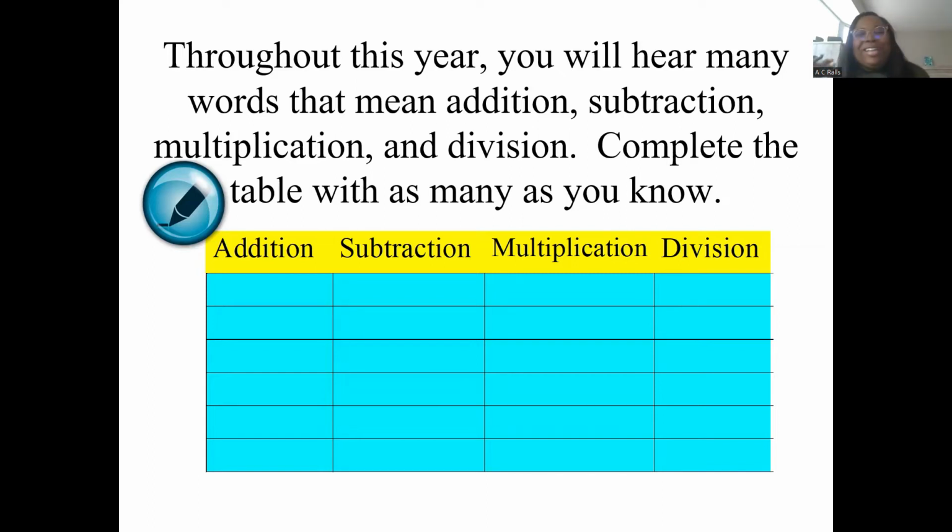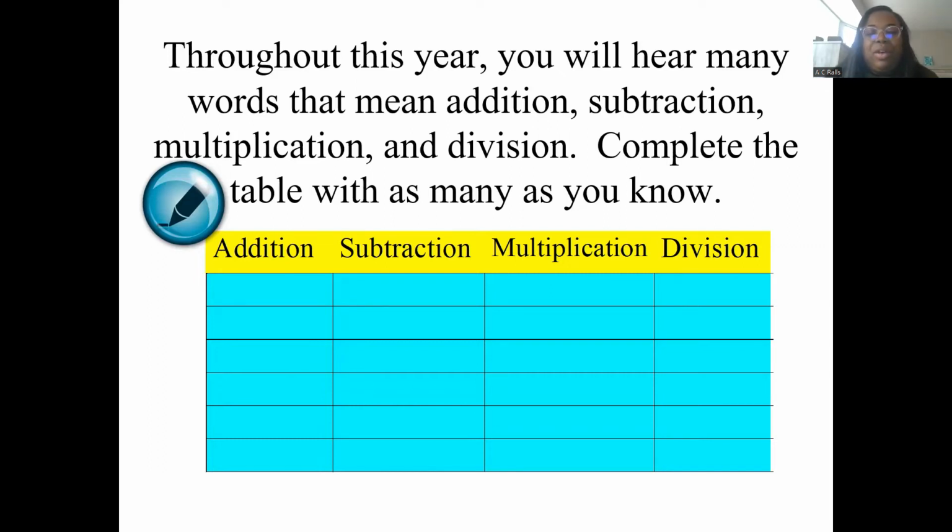If we were together in person, I would have you shout out those. But if you want to think about it before I give you some words, I want you to pause the video in order to give yourself some thinking time. What words would make you add? What words would make you subtract? What words would make you divide, multiply? What are those words?